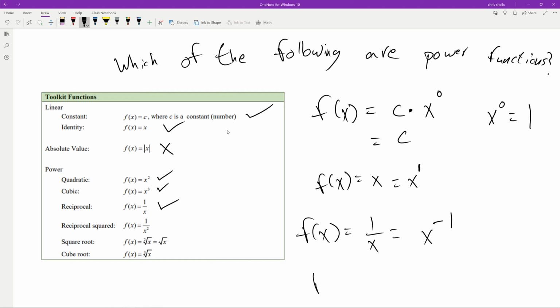Similarly, the reciprocal squared function, f of x equals 1 over x squared, can be rewritten as x to the power of negative 2, which makes the reciprocal squared function a power function.